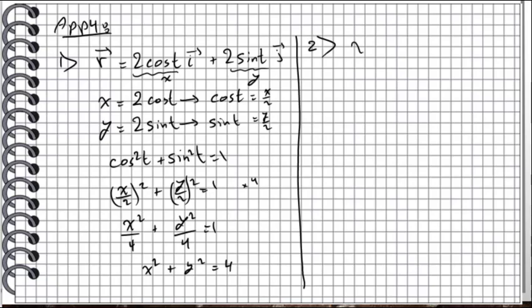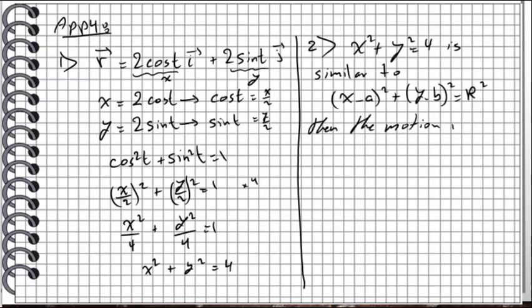Since the equation x square plus y square equal to 4 is similar to x minus a all square plus y minus b all square equal to r square, then the motion is circular, and the center is the origin itself, because if I make them similar it will be x minus 0 square and y minus 0 square.